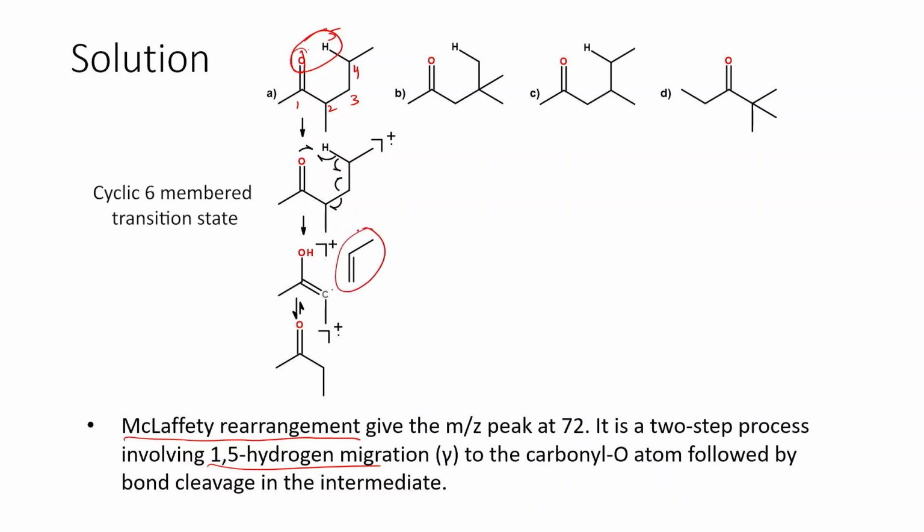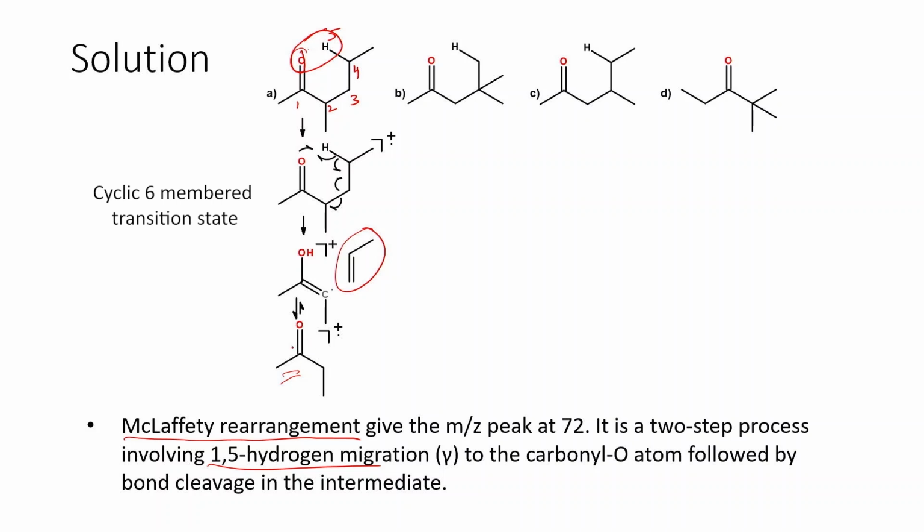So we get the alkene as a byproduct, and we also have the McLafferty rearranged product. In this particular case it is an enol, and the enol easily undergoes tautomerization to give the stable carbonyl compound. This is the strong base peak which is observed.